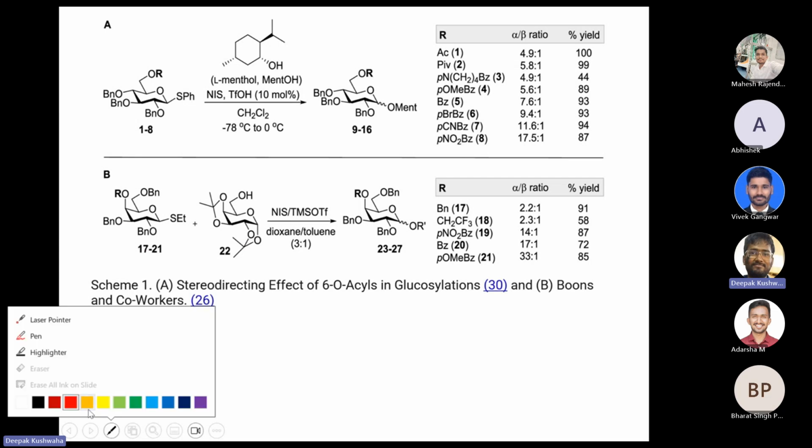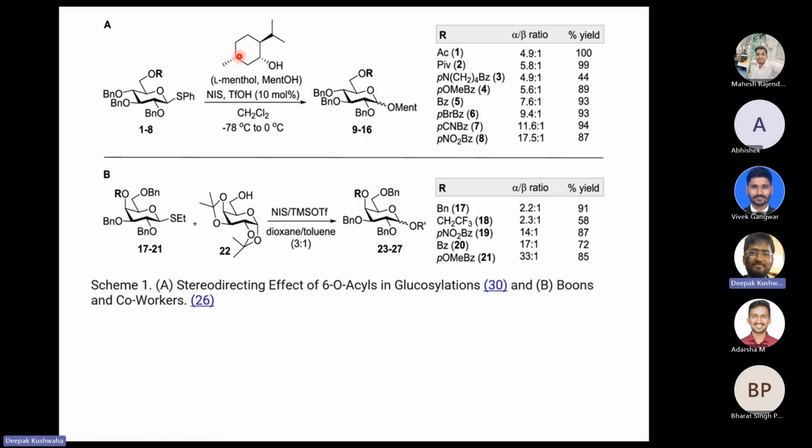So what they have observed in case of glucose, when they have used the acceptor L-menthol, and they are activating using NIS and triflic acid 10 mole %, with the temperature kept from -78 degrees Celsius to 0 degrees Celsius.